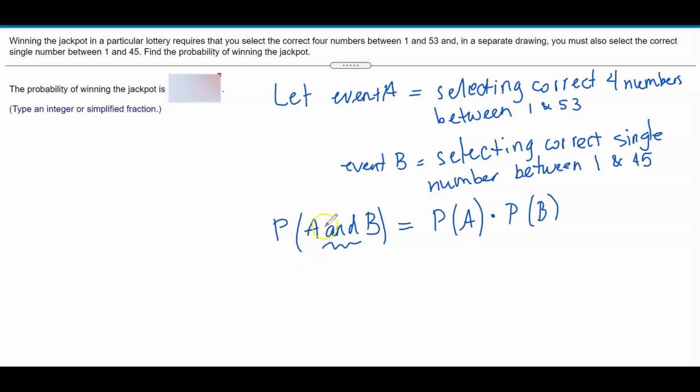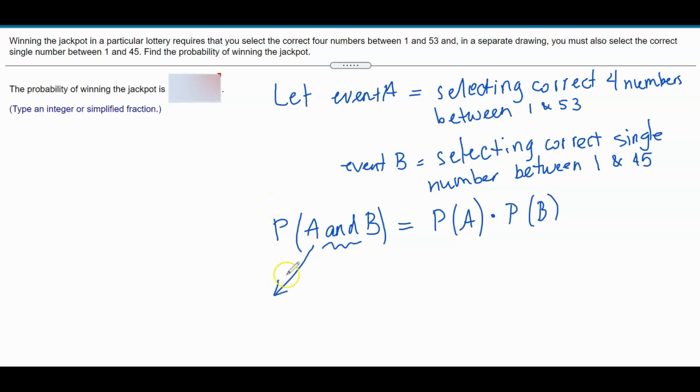Probability of selecting 4 numbers between 1 and 53 requires the use of one of the counting rules. Does the order matter? Whether we select the first out of the 4 numbers or the second or the third or the fourth? No, we just need to select 4 numbers between 1 and 53.